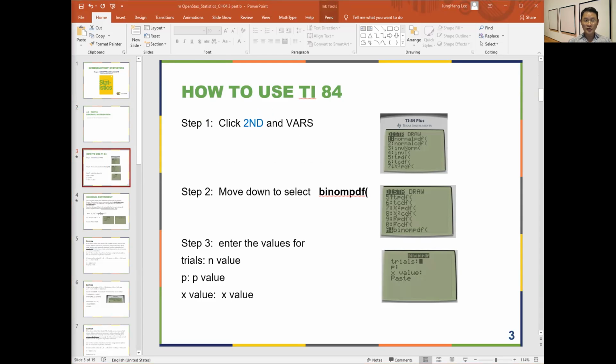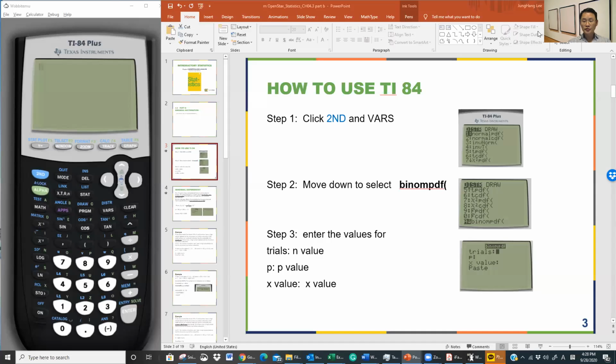Let me clear the screen. Actually, let me share the calculator as well. Just a second. So there you go. You see this PowerPoint and this calculator, right?